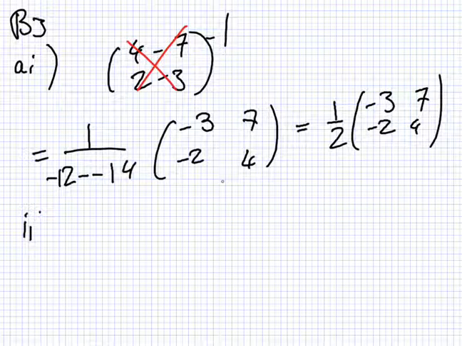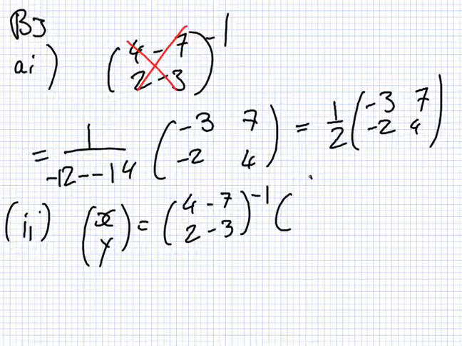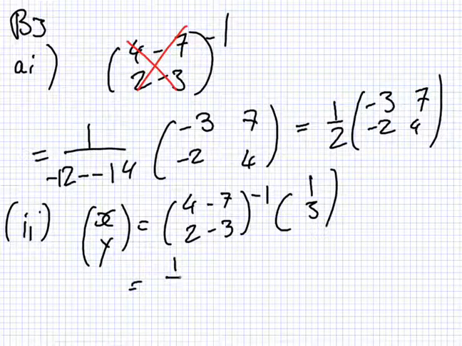And then the second part is they want you to use your answer from the first part to help you solve this system. So in other words, use the matrix method to solve it. So the matrix method equals [4, -7; 2, -3] inverse times [1, 3]. But we already have the inverse calculated from part 1. It's the exact same.